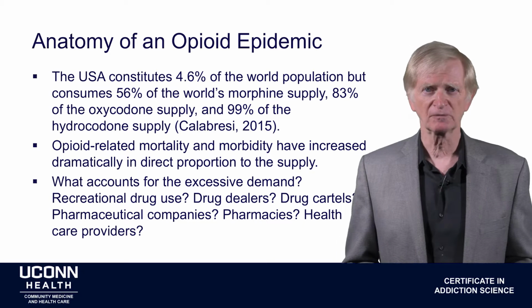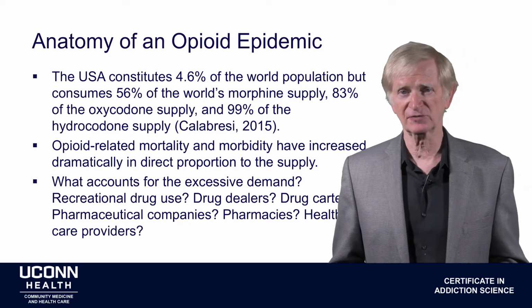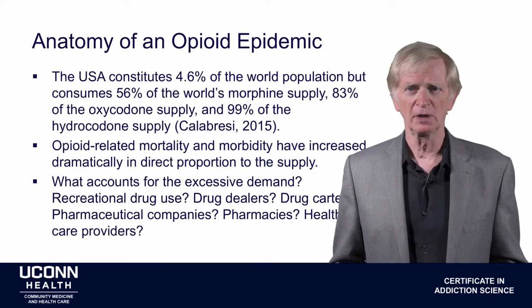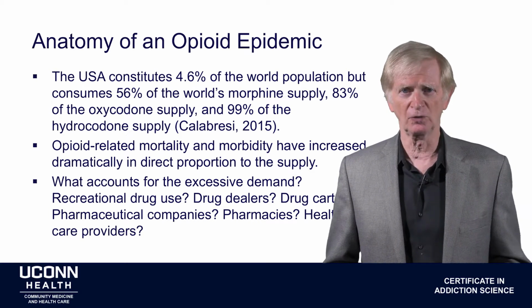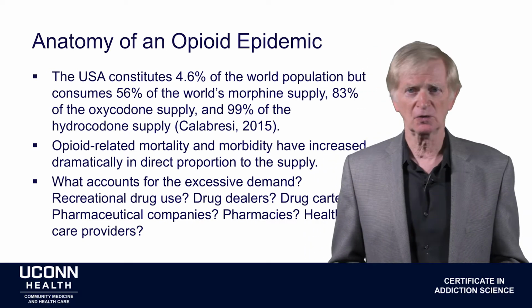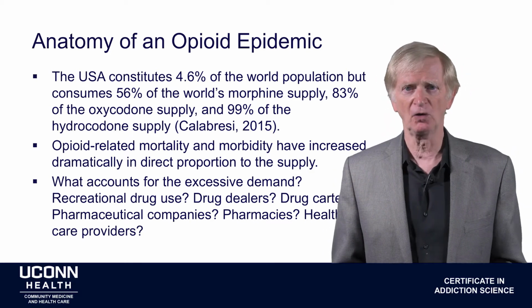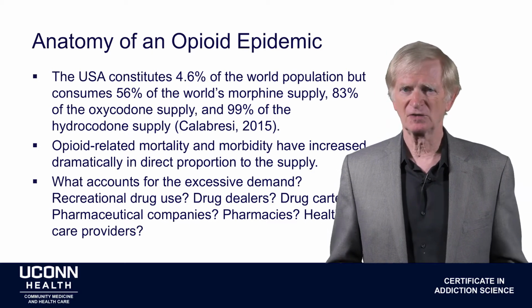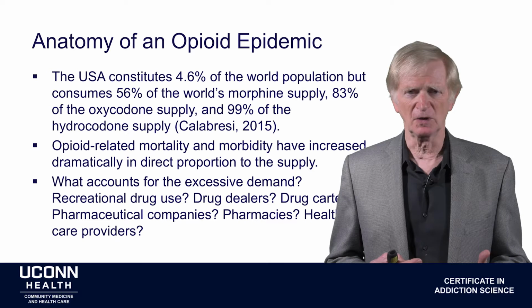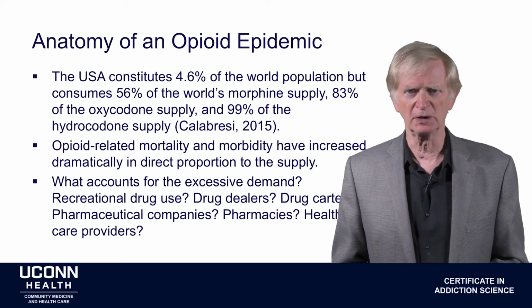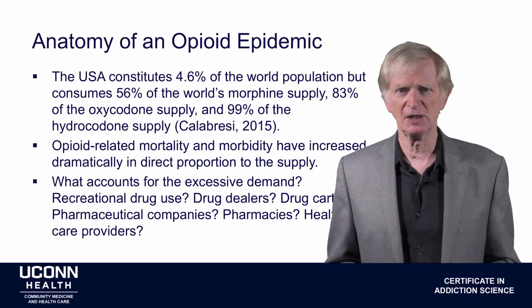So in the US, where we have less than 5% of the world population, we consume more than 50% of the world's morphine supply, over 80% of the oxycodone supply, a powerful opioid, and almost all of the hydrocodone supply. So for some reason, the US population is particularly prone to consuming opioid pain medications.